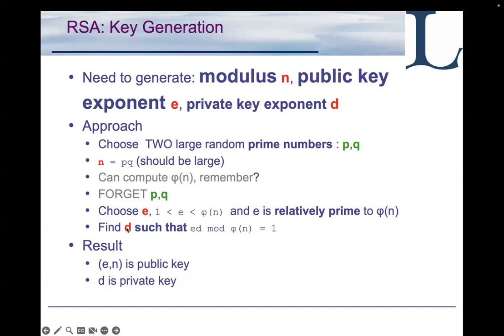So this D is the inverse of E. It is analogous to division in normal arithmetic. Once you have found these two numbers, the combination of E and N becomes your public pair, and D and N becomes your private pair.